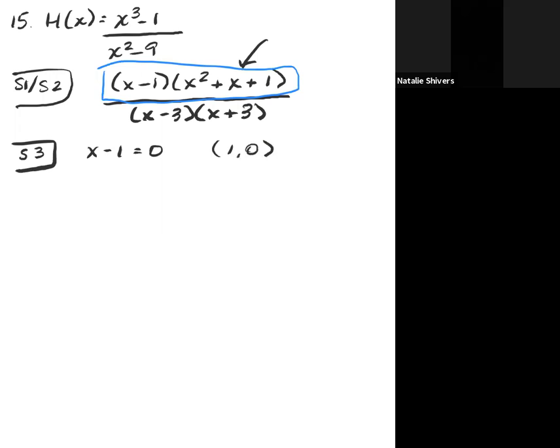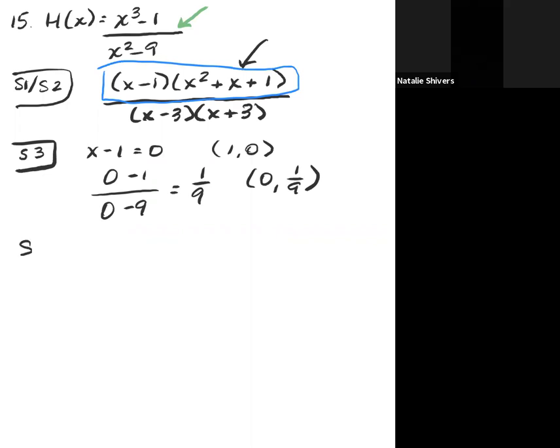When you look at the y-intercept, go back and look at the original. Realize that when we put zeros in there, we get 0 minus 1 over 0 minus 9. So we get 1/9. So we get 0, 1/9.